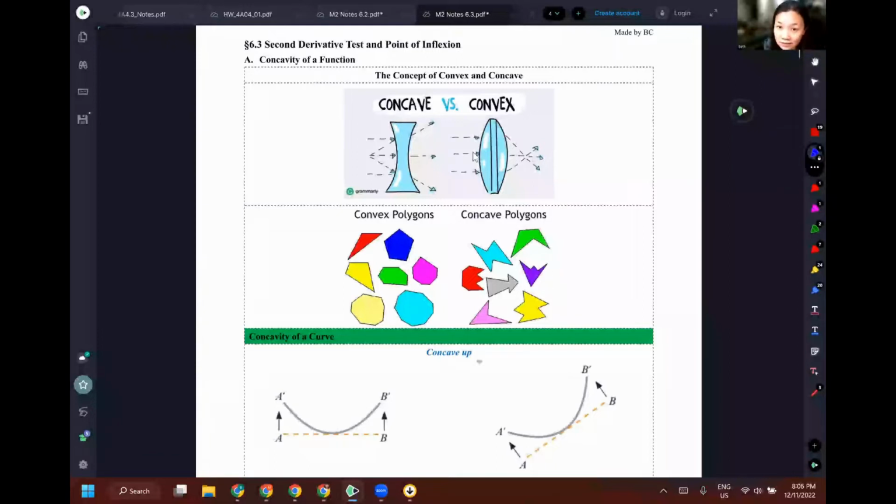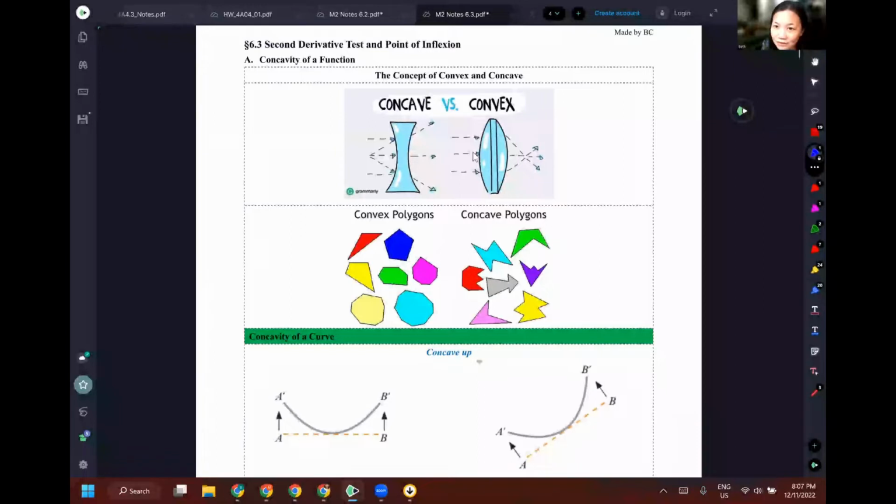Even with the polygons, I think it's very clear, and it's easy to understand that some having an indent is called the concave, and the ones that don't have indents are convex. But if we're talking about a curve, it makes no sense to say concave or convex. It makes no sense because from where you're standing, it could be concave or convex.